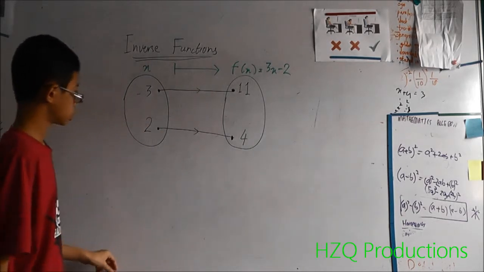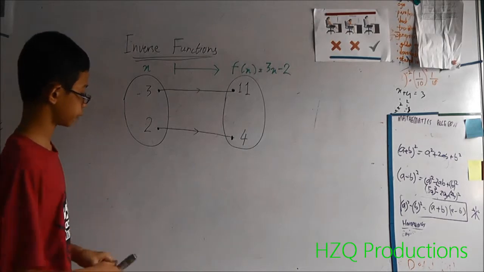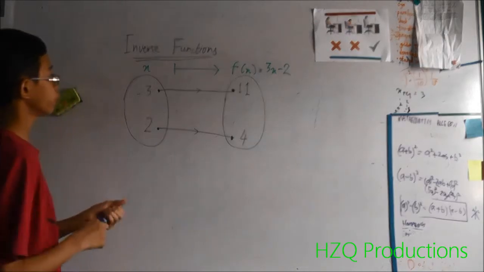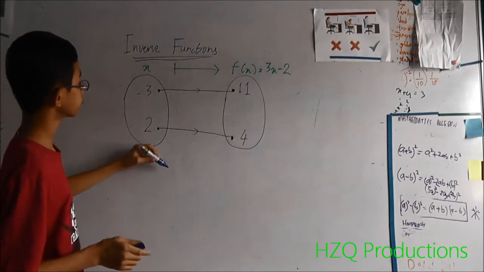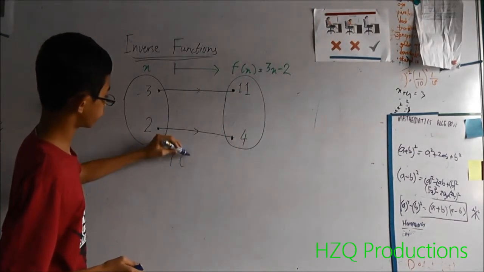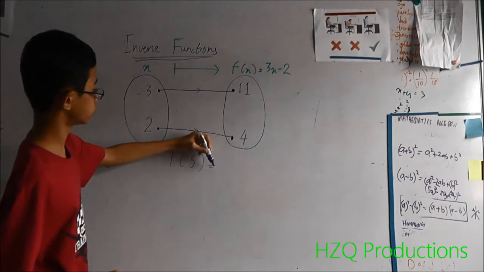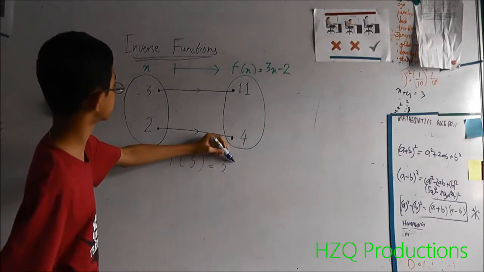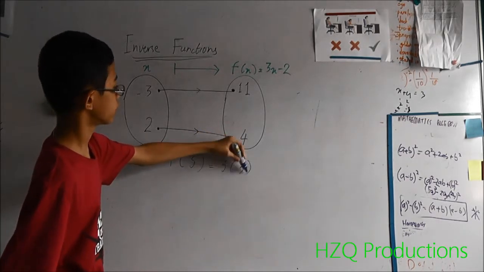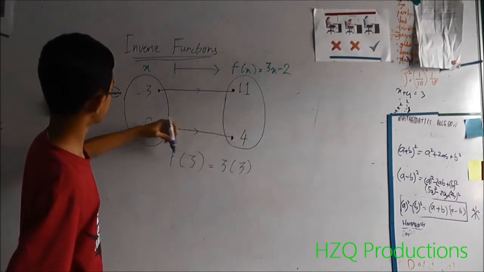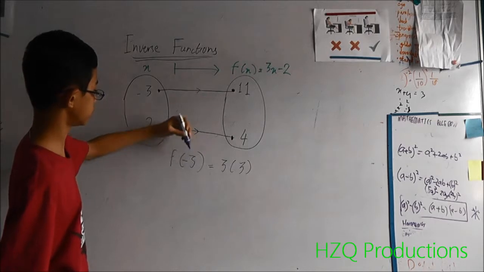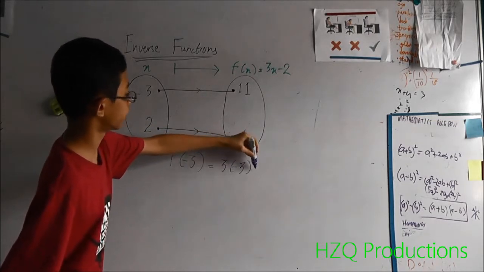Okay, so let's give it a check first. What we have learned, okay, if x is 3, I could say that f(3) is equal to 3 times 3. Sorry, this is minus 3, sorry. This is minus 3 minus 2.